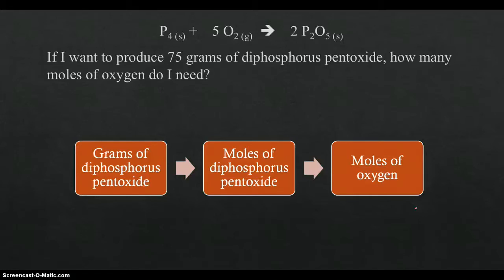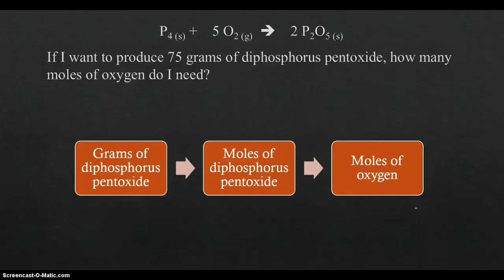There is not a relationship between grams of diphosphorus pentoxide and moles of oxygen. There's no relationship between the two directly. So I can't jump directly. The only way I can get from diphosphorus pentoxide to oxygen is doing that mole to mole conversion, using my ratio from my recipe. That's the only way that I can jump from one to the other.